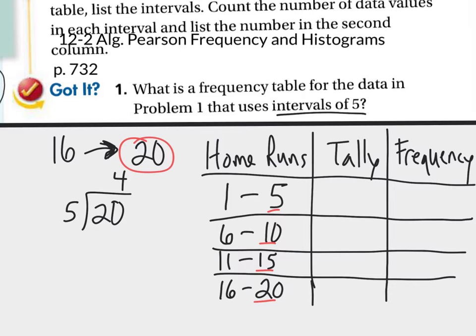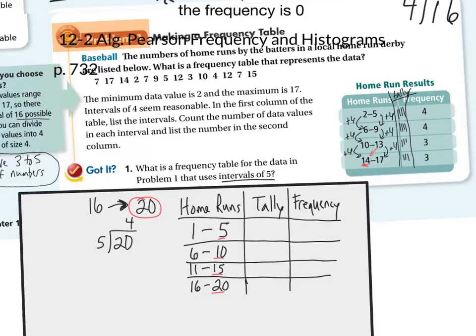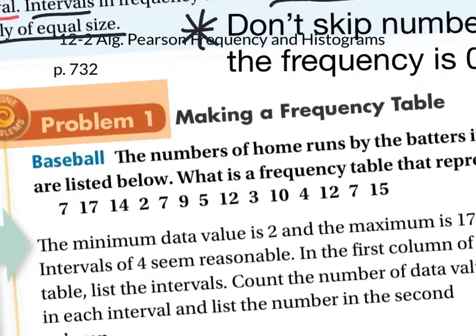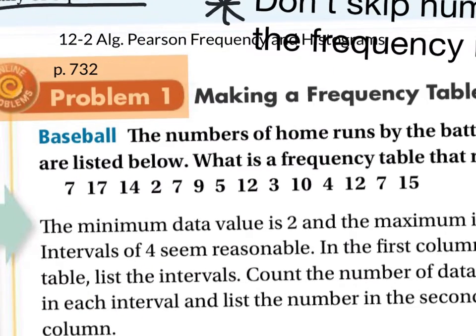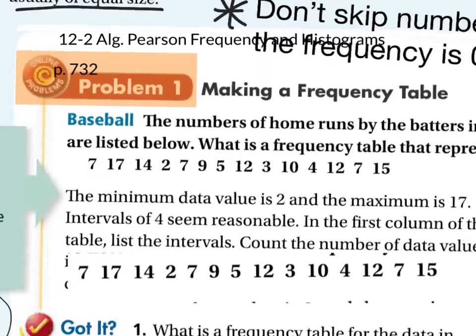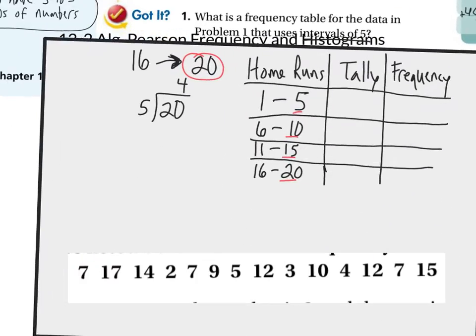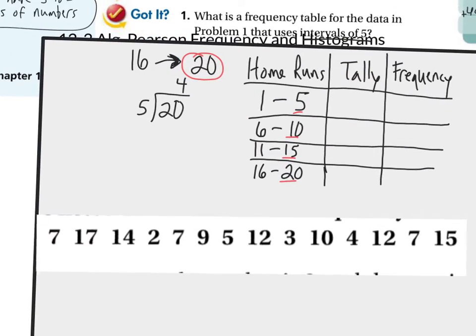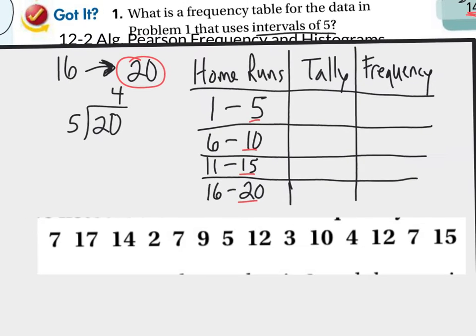So at this point, it's going to be a matter of looking back at those numbers and seeing how many we're going to have in each group. And that's up to you how you want to do that. If you want to, you can just pick out all the numbers that are in a certain group. Another way of doing it is just starting with the first number.